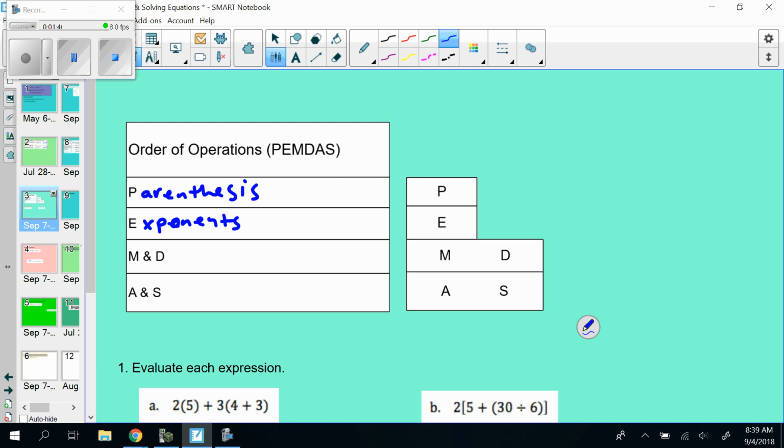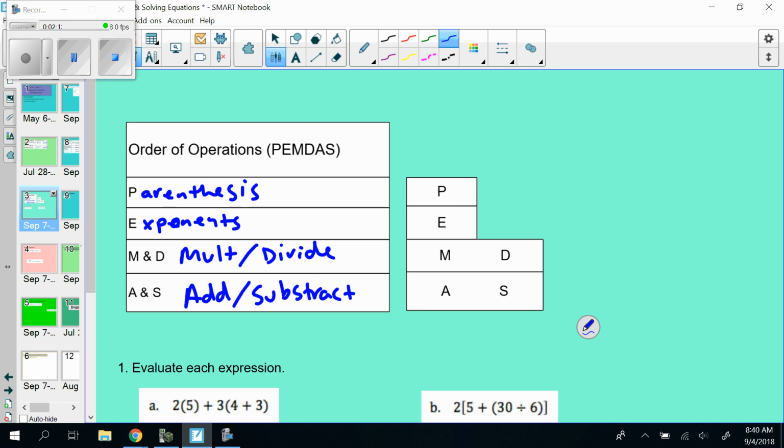Next are the M and D, and those are at the same time because multiplying and division are really doing the same thing. They come next, so multiply and divide. And then finally, adding and subtracting come last. And again, those are done at the same time because adding and subtracting are really doing the same thing.